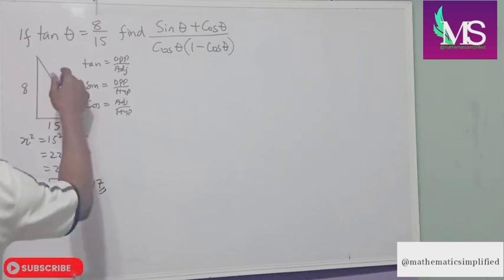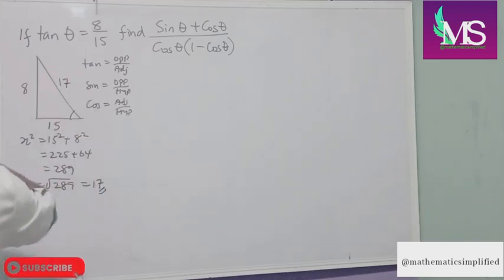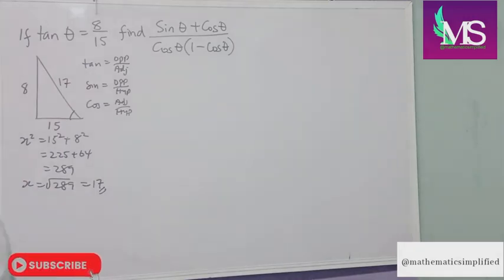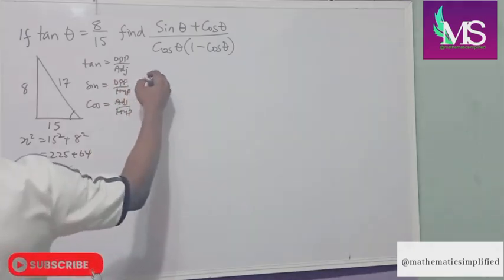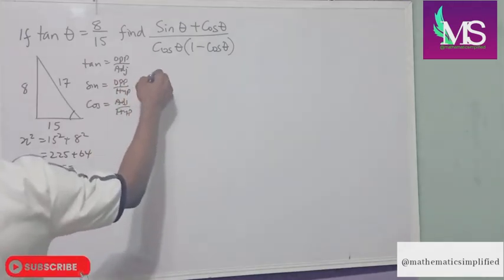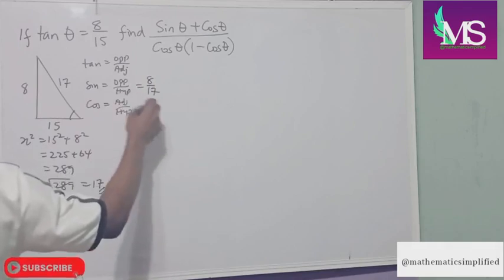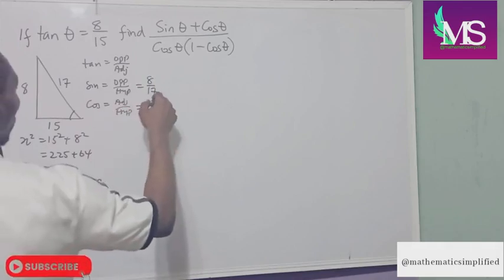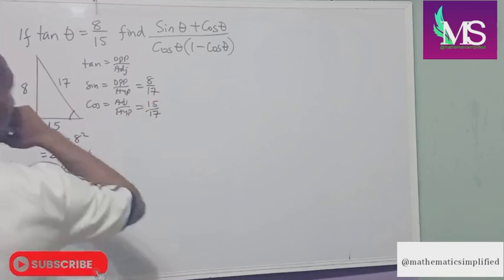So our hypotenuse is 17. Now, knowing that our hypotenuse is 17, we can now say sin theta will become 8 over 17, and our cos theta will become 15 over 17.